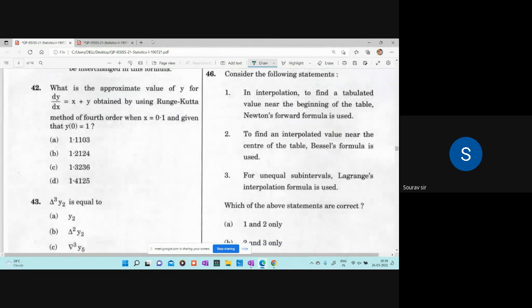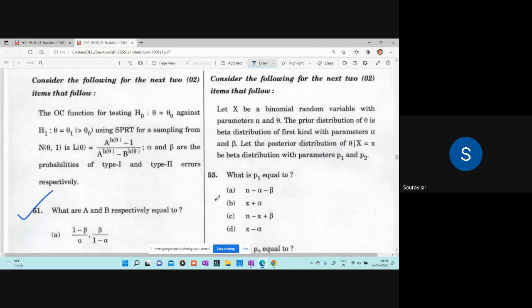Okay, let's move on to paper 2. No more questions over here which are marked.